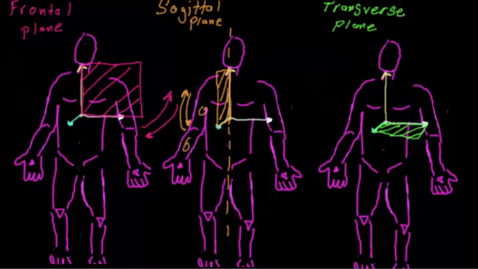And again, with the frontal plane, it's bringing your arm straight out. In the transverse plane, you see twisting motions, like that, or whatever twisting motion you can imagine. But again, we will cover all of this in a later video.